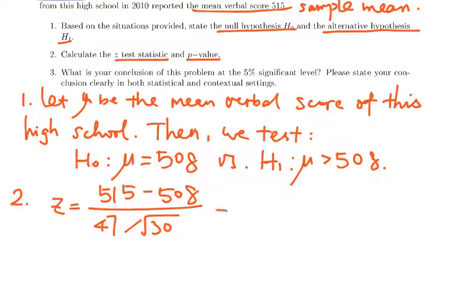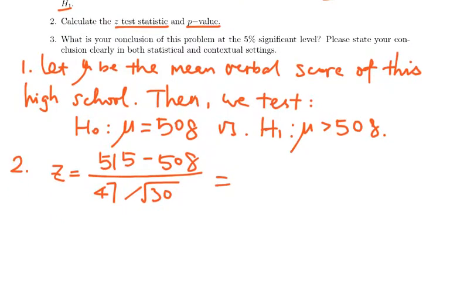Basically here we applied the central limit theorem. If we do the calculation, we get z equal to 0.815757. This is the z-test statistic.